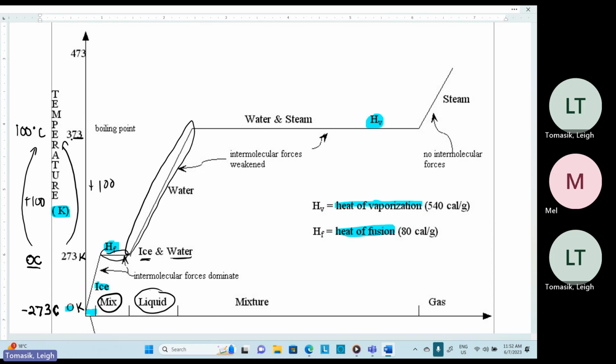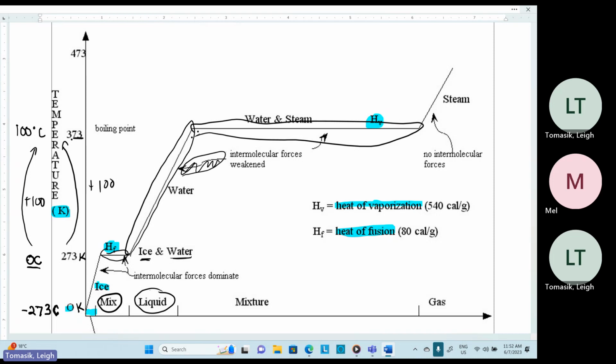It's different. So at 100 degrees Celsius, which is the boiling point of water, you'll see another plateau, another horizontal line, right? And there, the energy is not going into how fast the particles are moving, but it's going into weakening the intermolecular forces again. So I think this arrow is a little bit off.